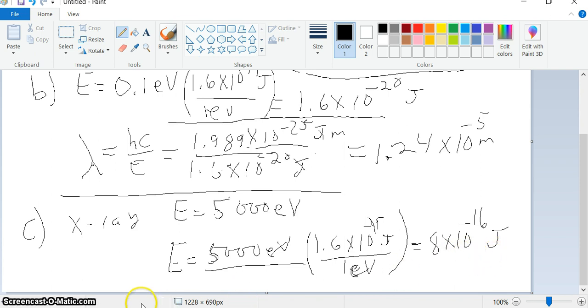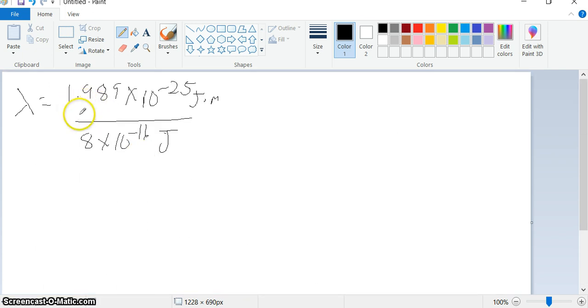All right, and then we use our equation. Remember, lambda is equal to the constant hc, and it's got to be in this form because we have our energy in joules.